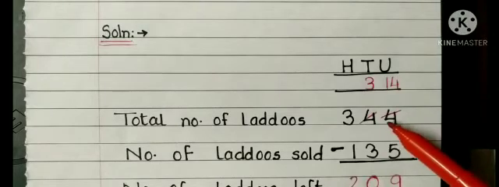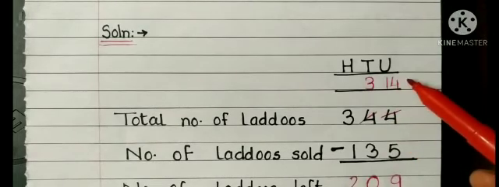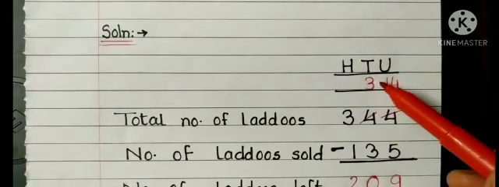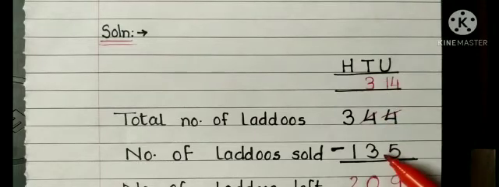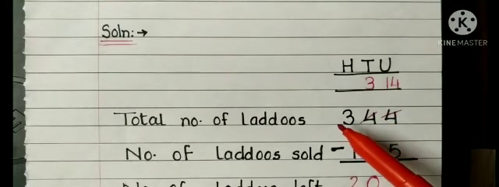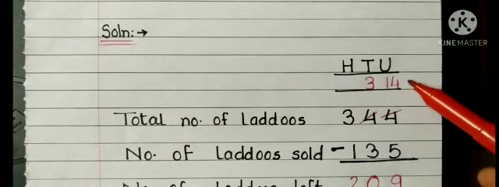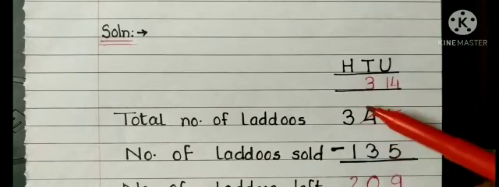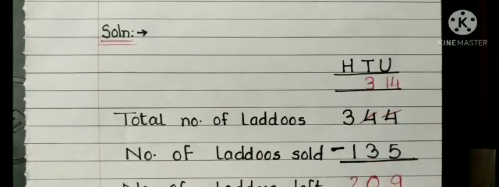Here we will cut 4 and it will become 14. And here 1 less, so we will cut 4 and it will become 3. As 3 minus 3 is possible, we don't have to borrow from here. So 14 minus 5, we get 9. 3 minus 3 gets 0. And 3 minus 1 we get 2.